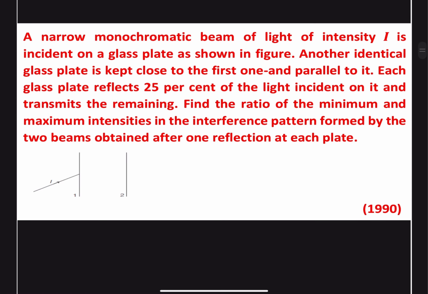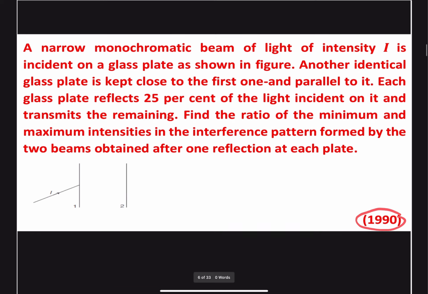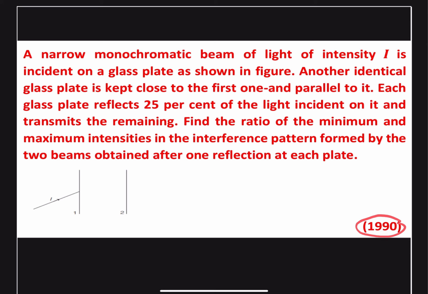Next question. It was asked in the year 1990, and it states that a narrow monochromatic beam of light of intensity I is incident on the glass plate as shown in figure.